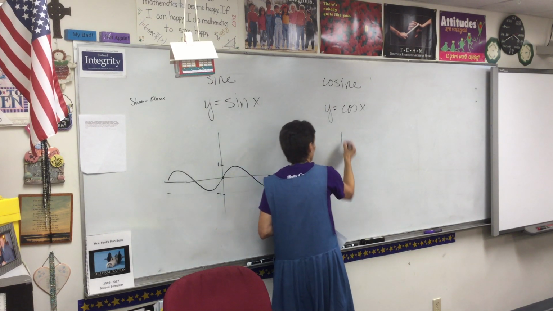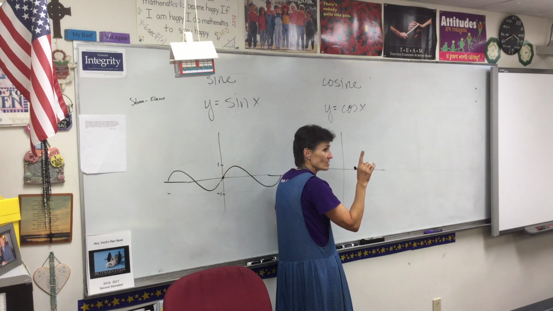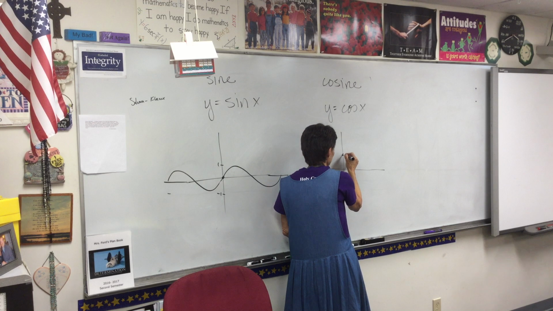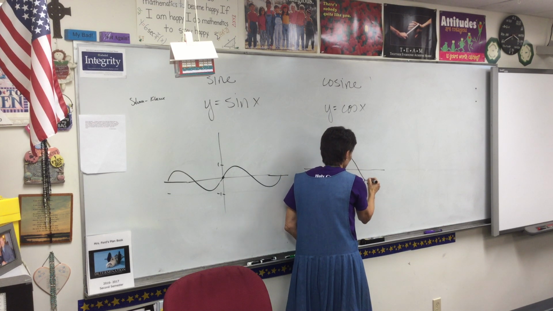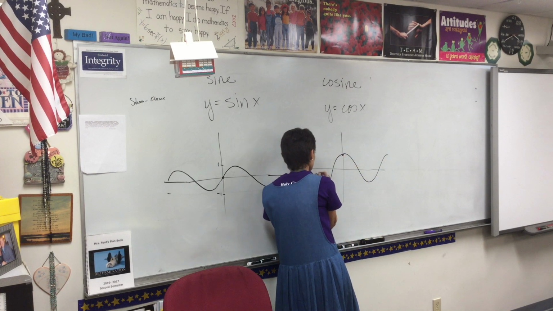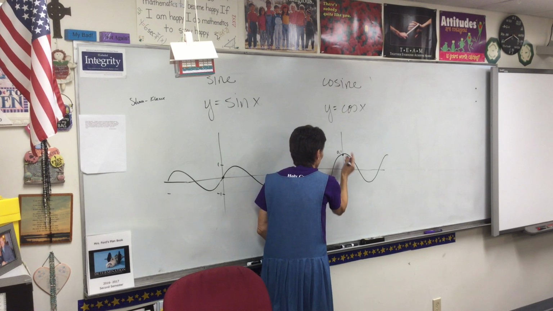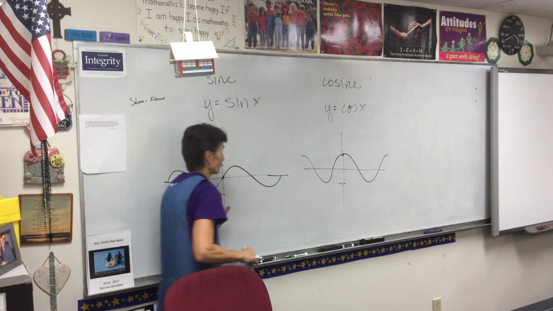The cosine curve has the same shape, but here's the difference. You start with a dot right here, and there's your hill and valley, just like this. Where do you start? Right up here at 1. That's up 1 and down 1, just like the sine curve.